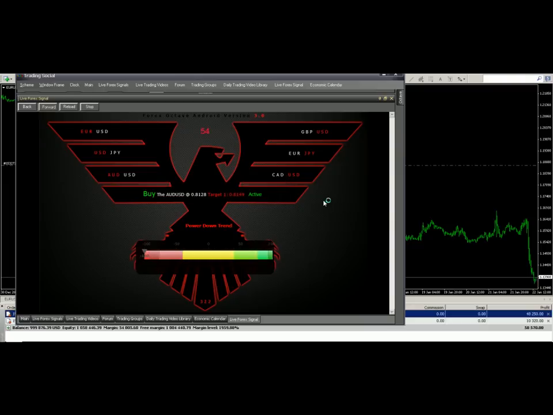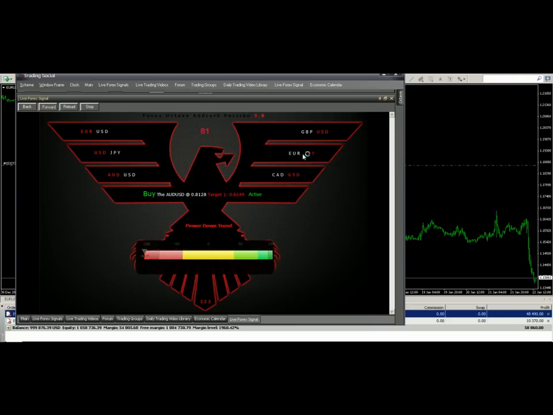Now, what's really good about this particular version is that it actually tells you what type of trend you're looking at and whether you should even be messing with that particular pair. For instance, on the Aussie dollar, it's currently a buy.